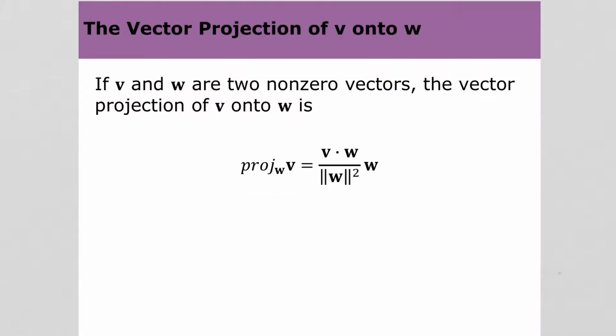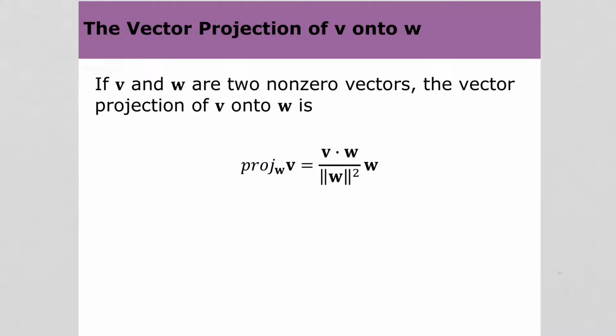The vector projection. Okay. You can project one vector onto another, which will be useful to us in the future, by doing this. And we denote it as, this says, the projection of V onto W. The little W is kind of in between and below them.